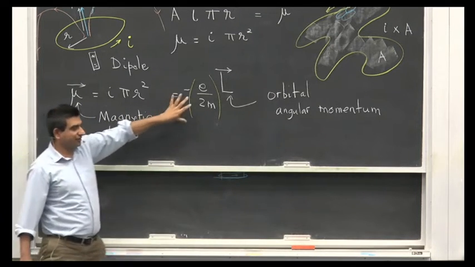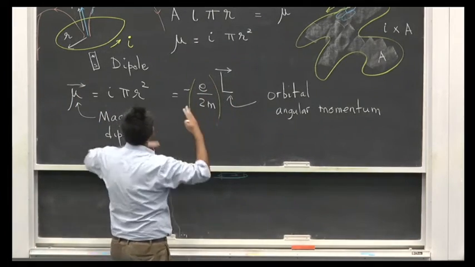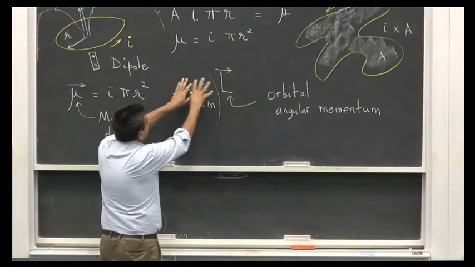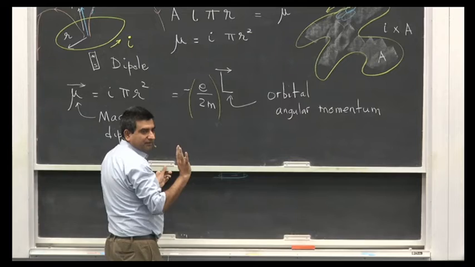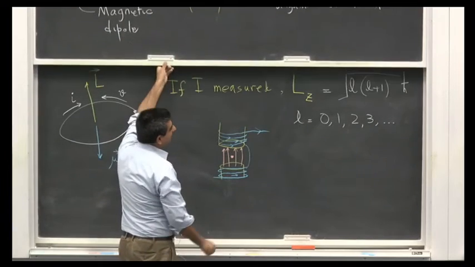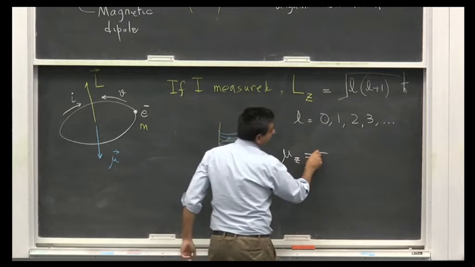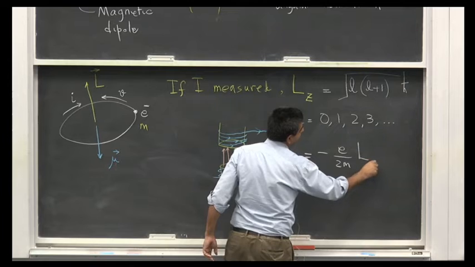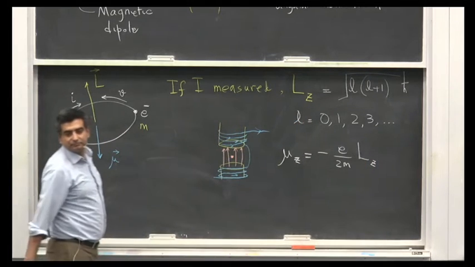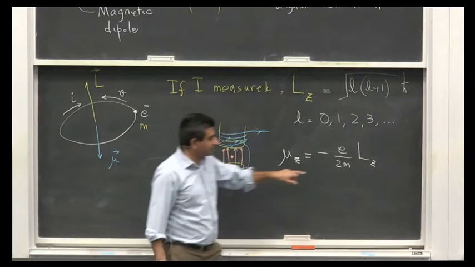This is just a constant here, because these are two vectors pointing anti-parallel and connected by a certain constant of proportionality. That's it. So my mu z is going to be equal to minus e over 2m Lz. Agreed? Simple common sense.